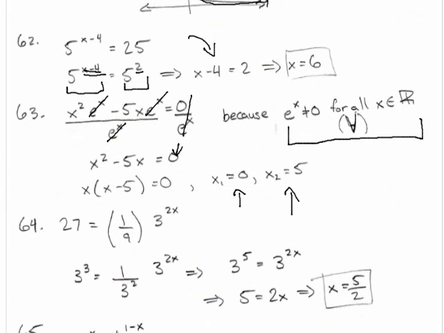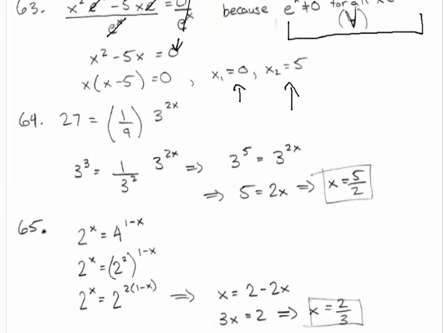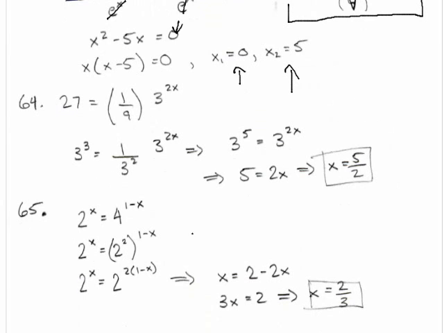Okay. In number 64, I could use, again, logarithms to find out what x is. Instead of doing that, let me try to write everything in a common base. So 27 is the same thing as 3 cubed. 1 over 9 is the same thing as 1 over 3 squared. Multiply both sides by 3 squared times 3 squared times 3 squared.